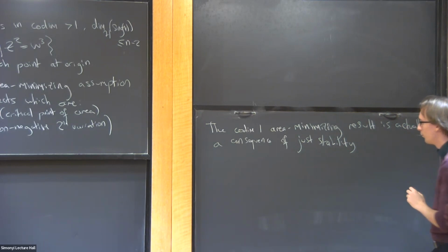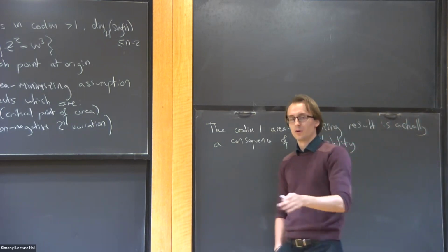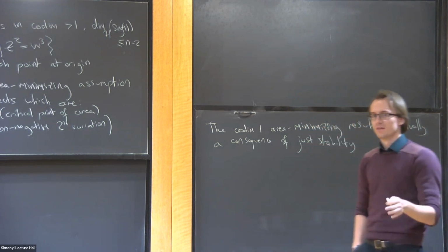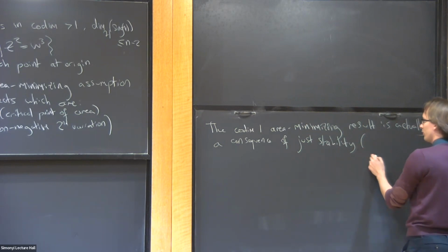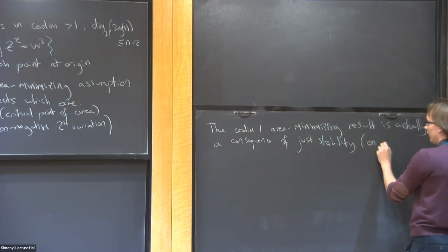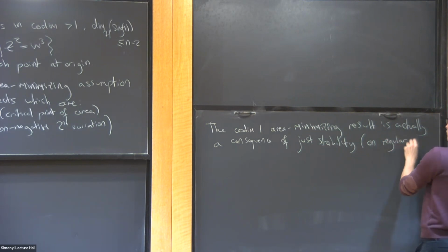And in fact, it's even a weaker form of stability. You only actually have to assume stability wherever the object is smoothly embedded. So you don't even have to assume it across any singularities. So just stability on the smoothly embedded part, which I call the regular part.